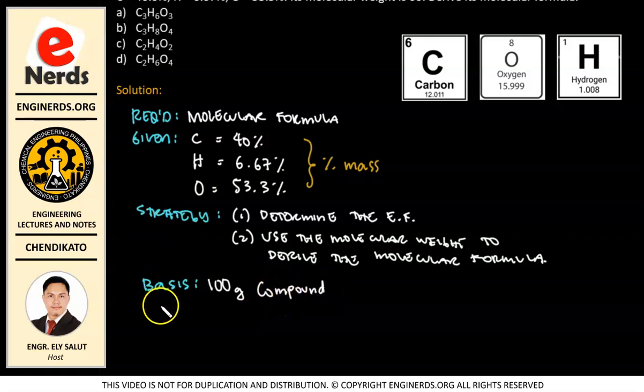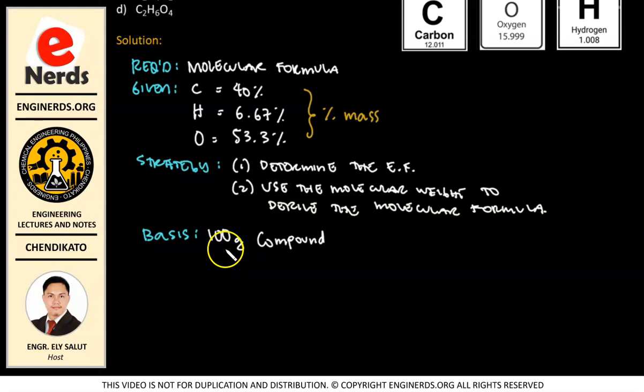The next step is to determine the mass of every element. Since we have a basis of 100 grams of a compound, numerically it will be the same as the values that we have here, and we have shown that in the previous problems that we solved, right?